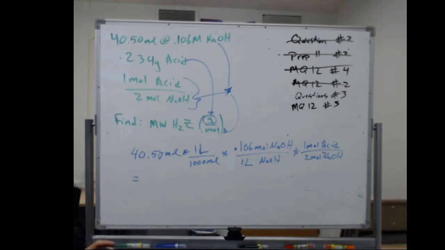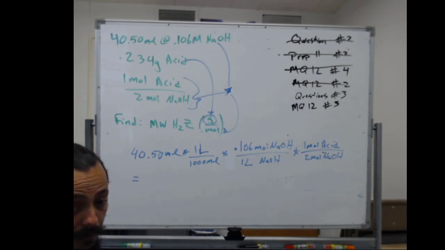This really becomes a few definitions, and then making sure we know how to rearrange everything to get the right meaning and the right units. 40.50 divided by 1,000 times 0.106 divided by 2.